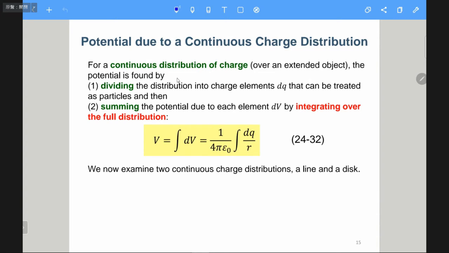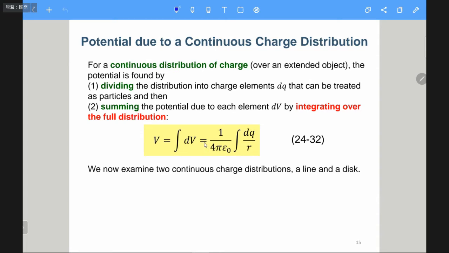If we have a continuous charge distribution, we try to separate the charge into many small segments, dividing the distribution into charge elements dq that can be treated as particles. Then we just add them together using integration. So it is something like V is the integration of dV. Just add all the small dV together.